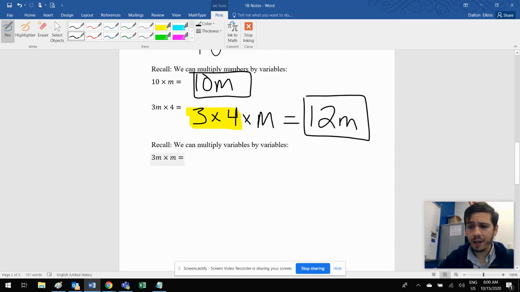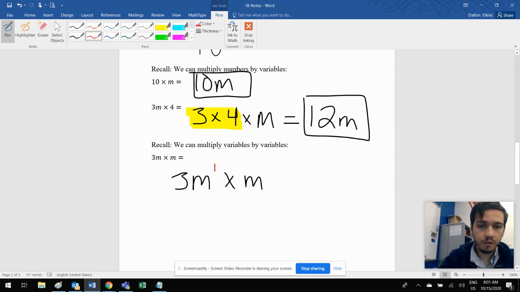What happens when I multiply a variable, so 3m, times another variable, just regular m? You'll remember from key concept 1, we talked about what to do when I take a variable and I multiply it by another variable.